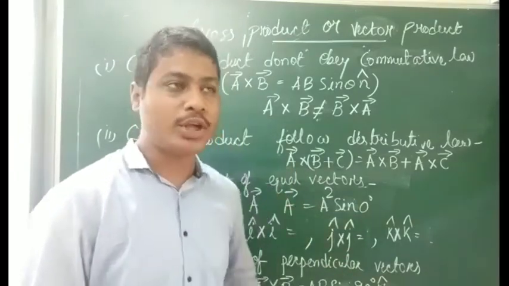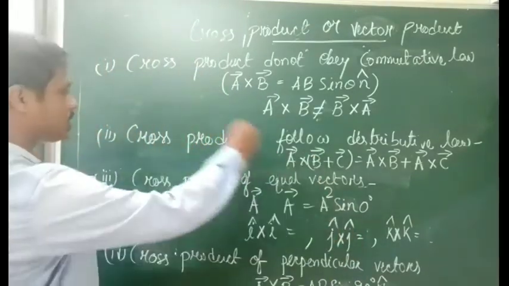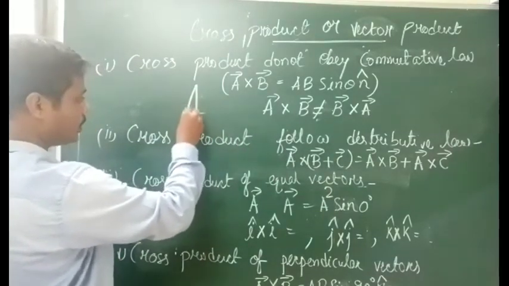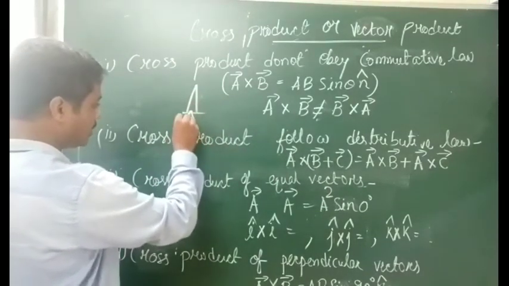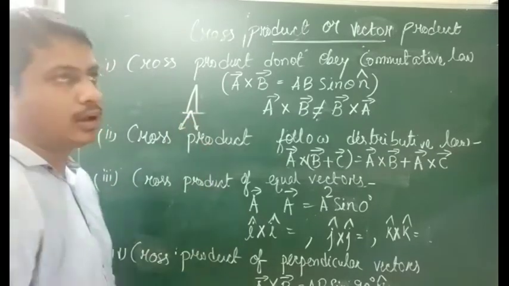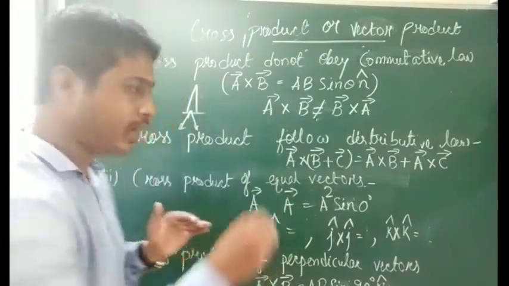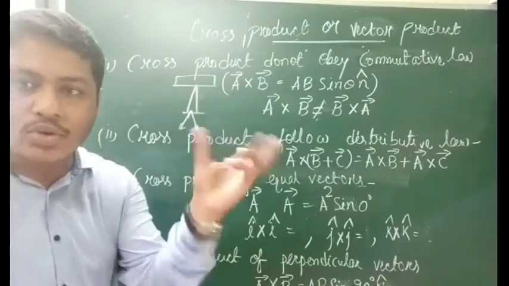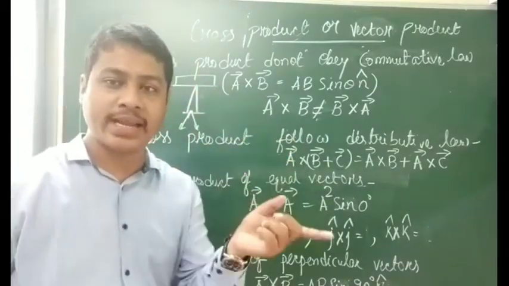Why does it not follow the commutative law? Suppose I consider a screw. There is a screw and you are moving the screw, like suppose this is the movement. I am taking a wood here. There is a wood. I am moving the screw clockwise and anti-clockwise.